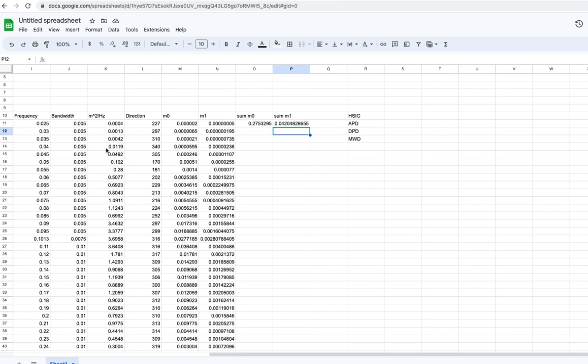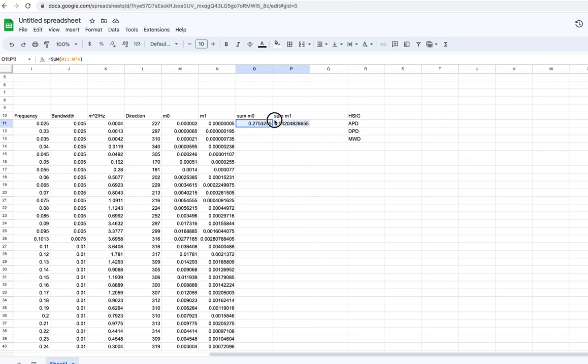And the other benefit is that the sum of the variances is equal to the variance of the sum, but it's not the same with the amplitudes. So you can't slice and dice if this column were the average amplitude per frequency bandwidth. That's the cool thing about working with variance.